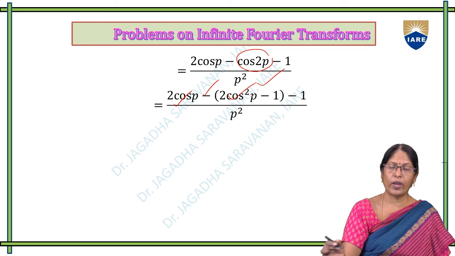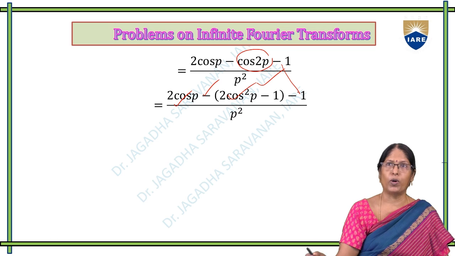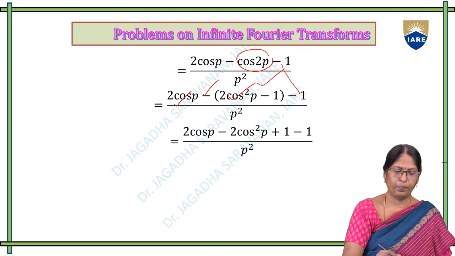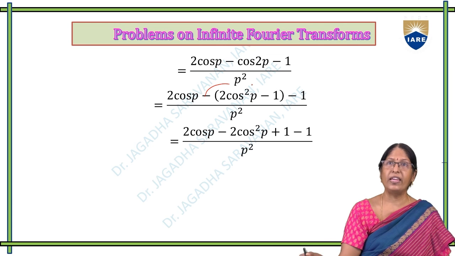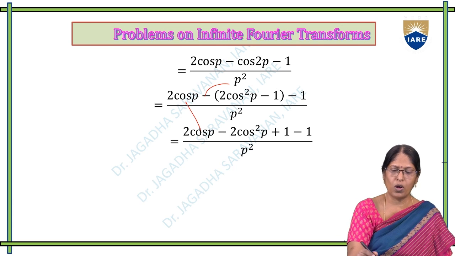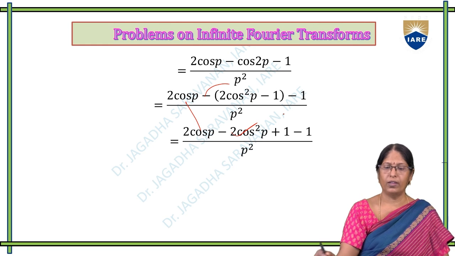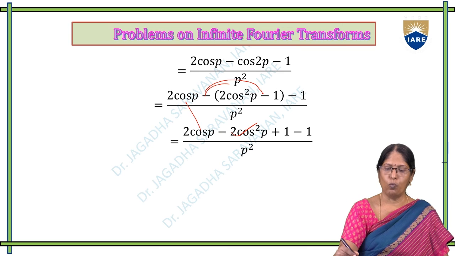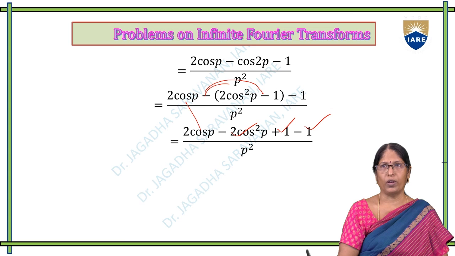So 2 cos square p minus 1, the next minus 1 is written as it is, divided by p square. The next step, we are taking the minus sign inside. So 2 cos p minus 2 cos square p, so minus minus put together plus 1 minus 1 divided by p square.